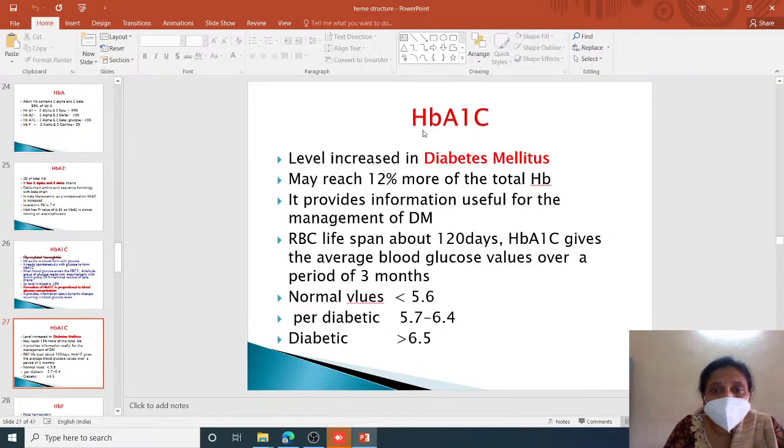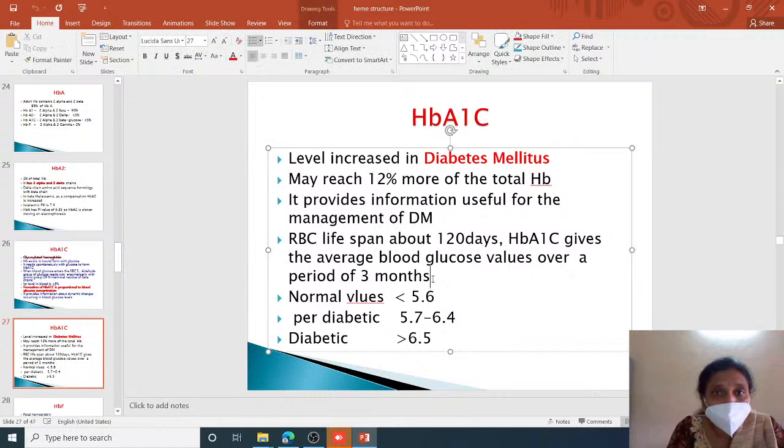HbA1c gives us the average blood glucose levels over a period of 3 months. See here how HbA1c helps in management of diabetes mellitus, because it gives the information about average blood glucose levels over a period of 3 months. How?